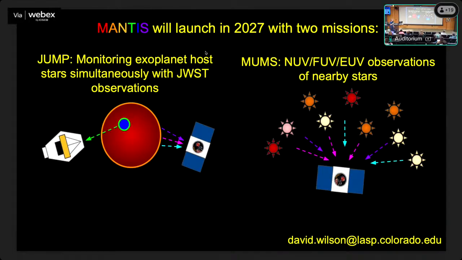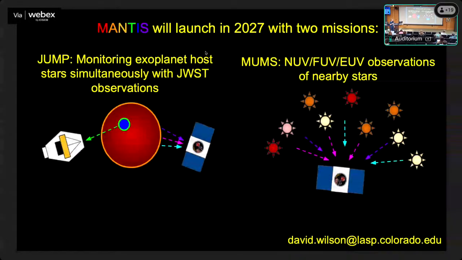So while JWST is observing an exoplanet transit, we aim to be observing simultaneously with MANTIS, getting a near UV light curve, and if we're lucky, an extreme ultraviolet light curve, as a spectroscopic light curve as the planet is transiting, so we can see what the star is doing while the JWST data is getting gathered.